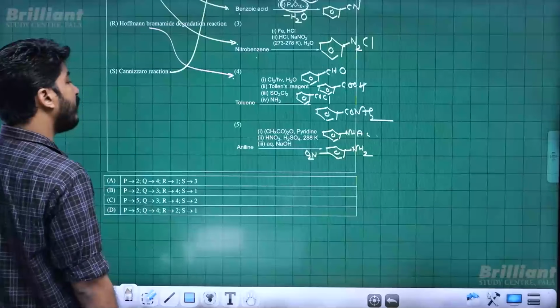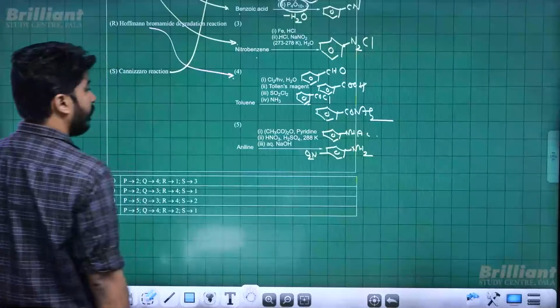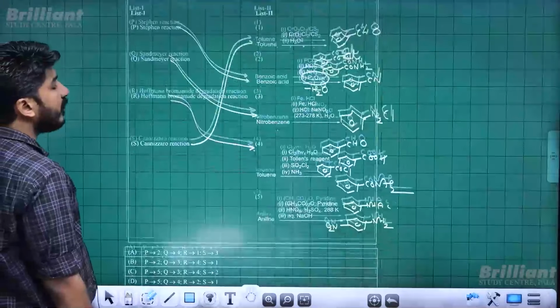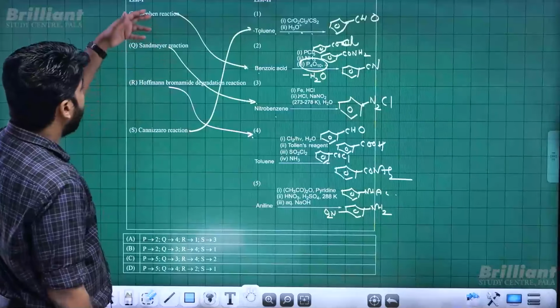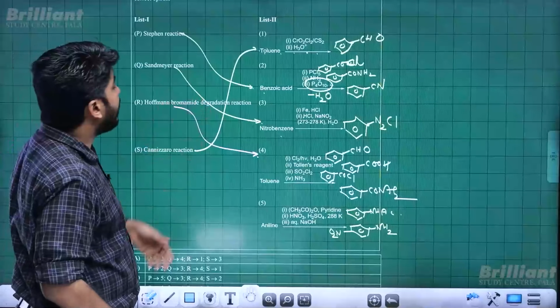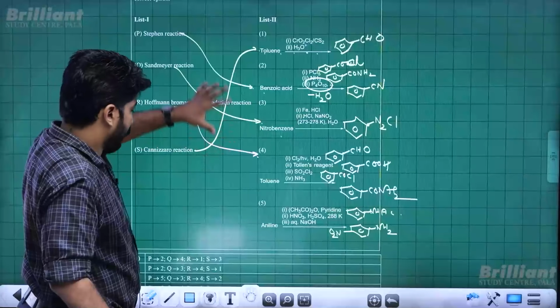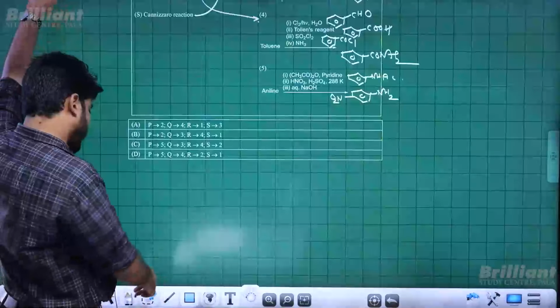So para nitroaniline is the product of reaction sequence 5, which is not a characteristic starting material for any of the reactions mentioned here. So this has to be the correct matching: 2, 3, 4, 1 is the correct sequence.